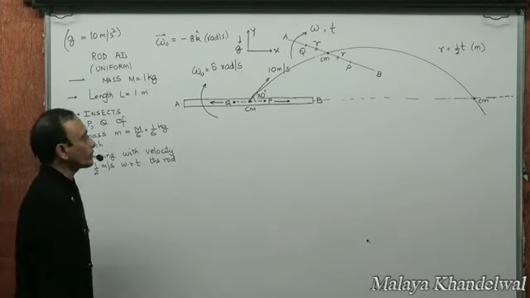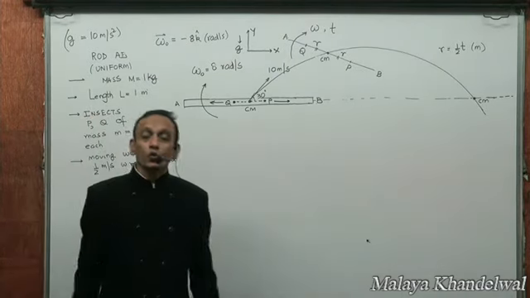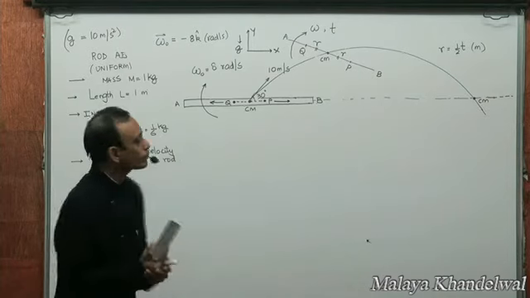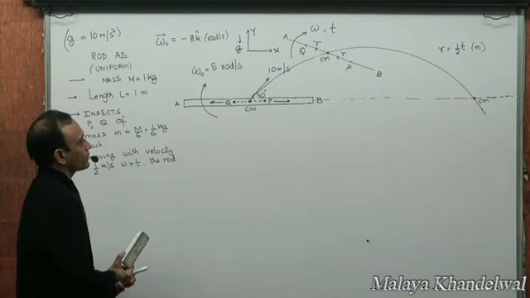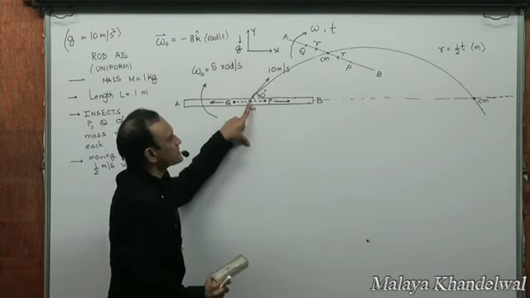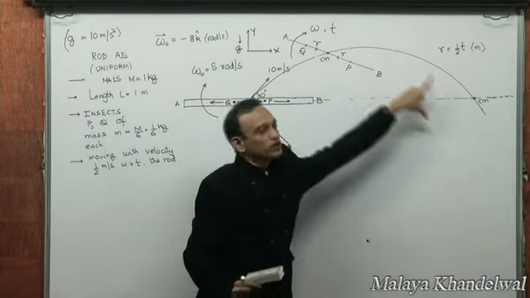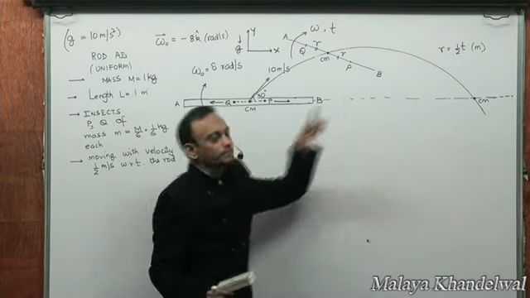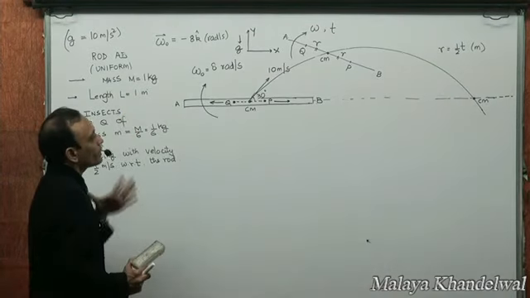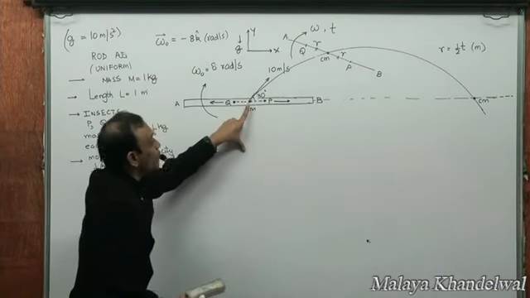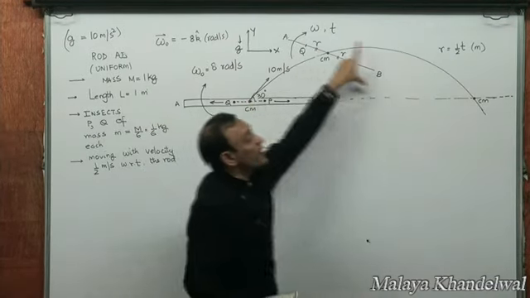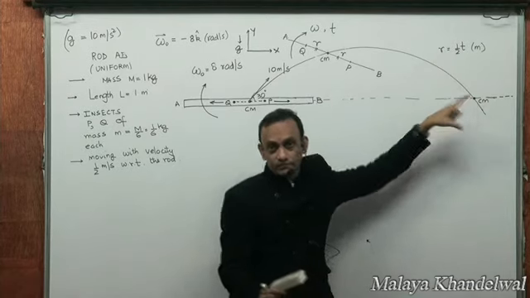Now, the problem wants us to find two things. The first part of the problem involves, you realize that this center of mass would undergo a parabolic trajectory under the influence of gravity. It'll be like projectile motion. After a while, this center of mass would come to the same horizontal level.